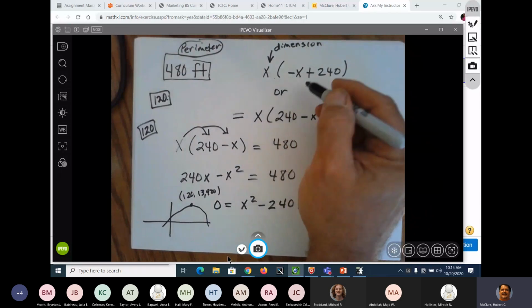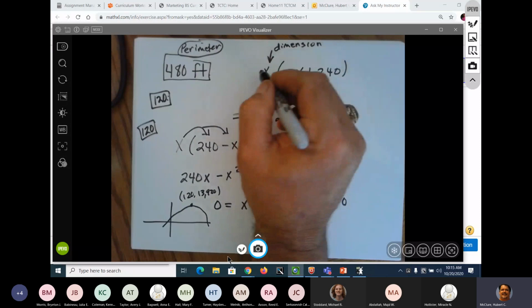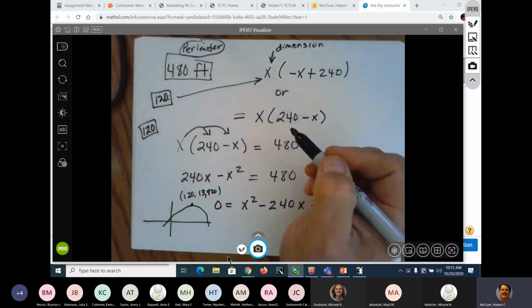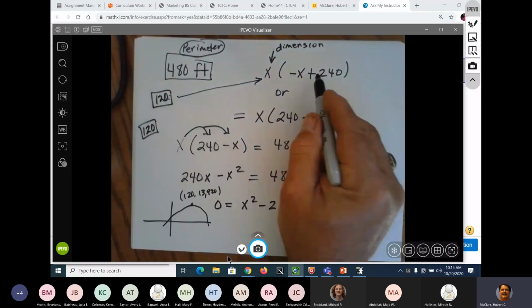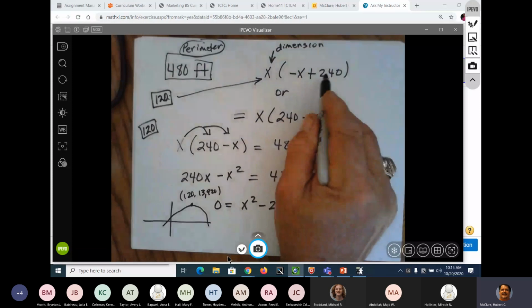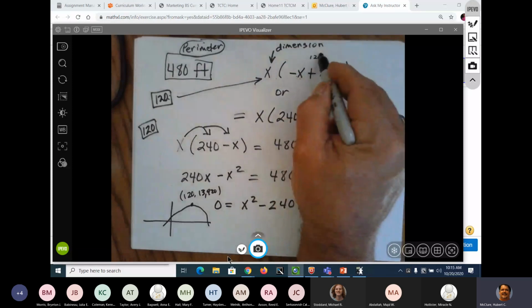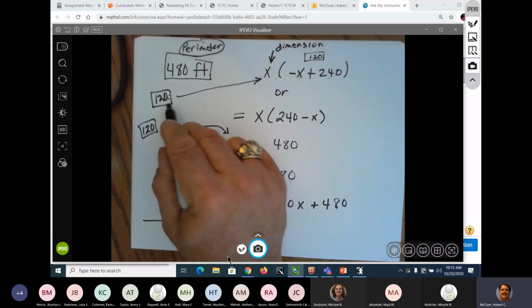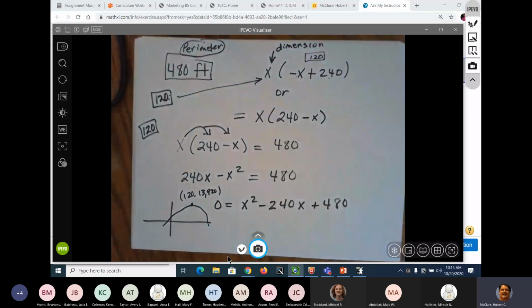So I got 120 for X, and if you plug 120 in here, you get 120 here also. So 120 times 120 is 14.4. I just forgot to plug back in. Sorry. Let's see what else they ask.